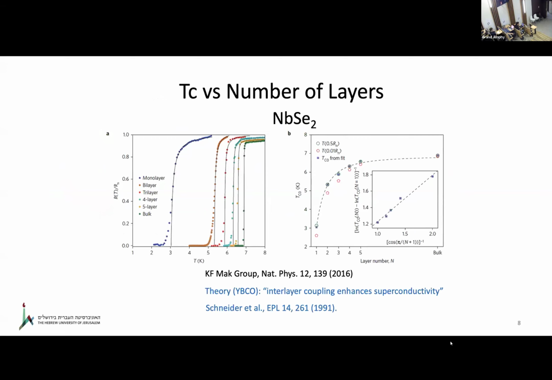About 10 years ago, there was a lot of interest in the thin limit of these TMDs, and Kufkin-Feimak published this particular paper in 2016. They showed that if you go from bulk niobium selenide, which has a TC of about 7, thinner and thinner, you can reach monolayer. This is actually one of the very few studies that report on monolayer niobium selenide.